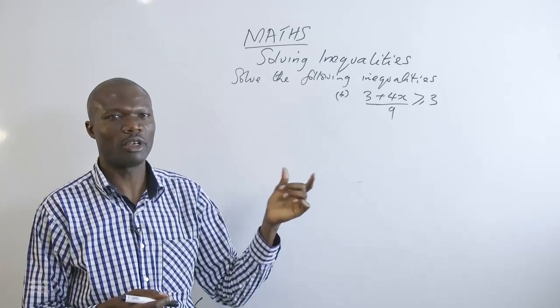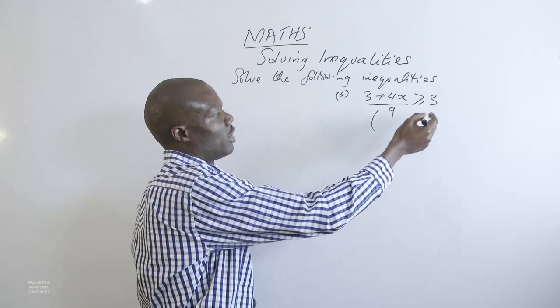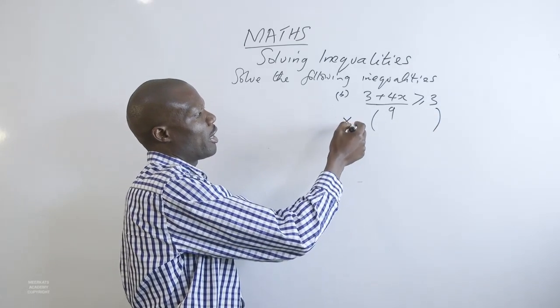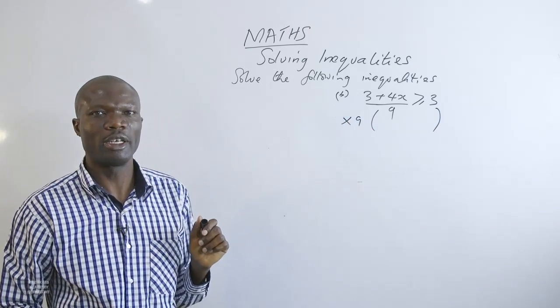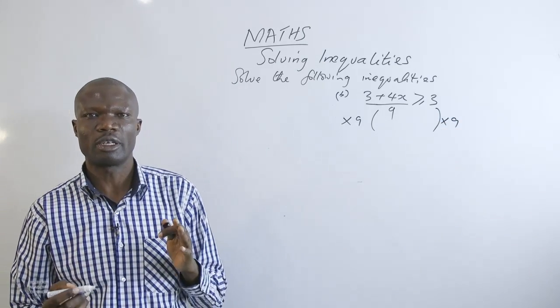So the first thing we need to do here is to multiply both sides by 9.